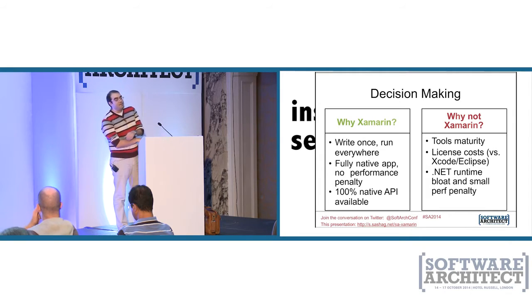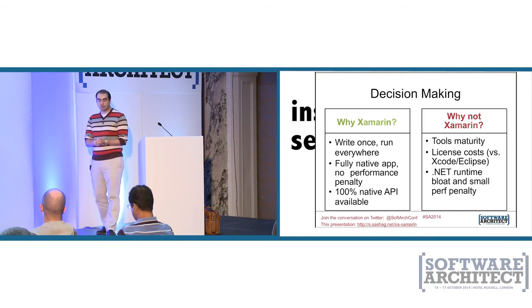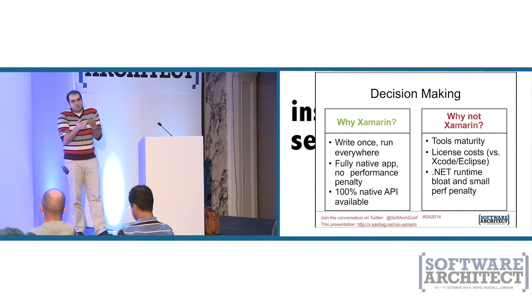On the minus side, the tools, as you might have noticed, still lack some maturity. And this applies to both Xamarin Studio and Visual Studio. And I mean, Visual Studio crashes occasionally. It doesn't take Xamarin to crash Visual Studio, right?